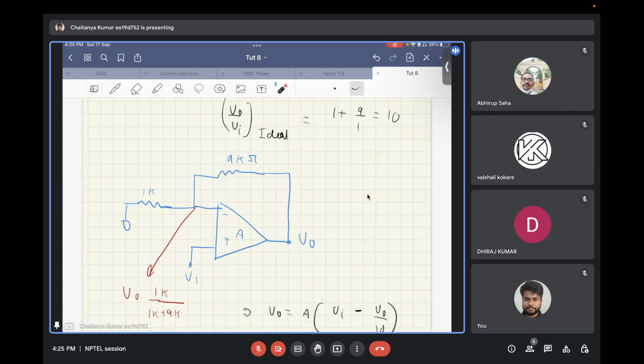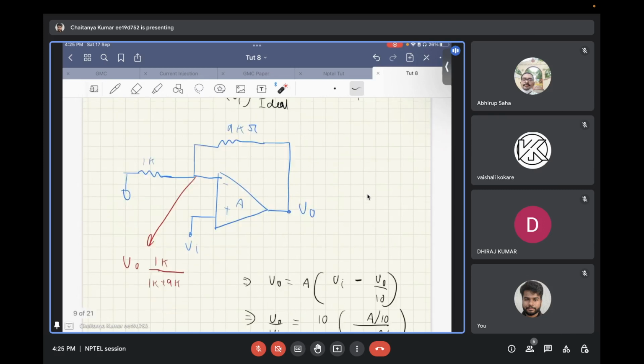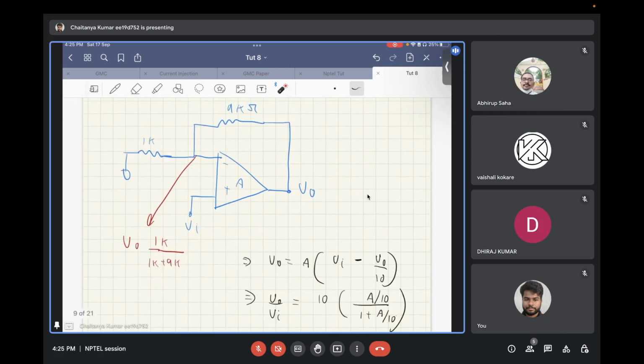Now, in the real scenario, what will happen is this voltage is V out. By resistor divider from V out to the negative terminal, the negative terminal's voltage can be calculated. That will be V naught into 1 kilo ohm by 1 kilo ohm plus 9 kilo ohm, so it will be equal to V naught upon 10.